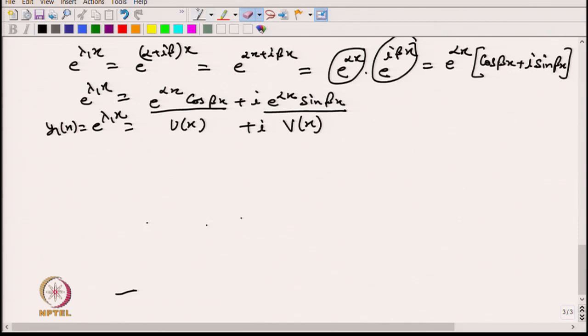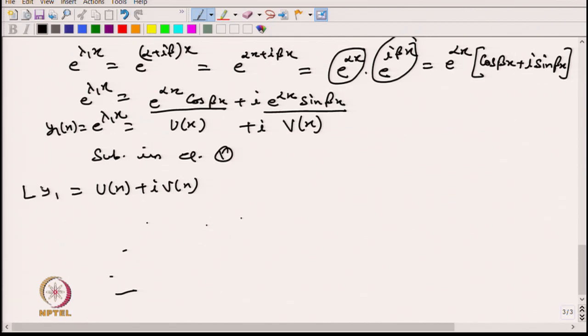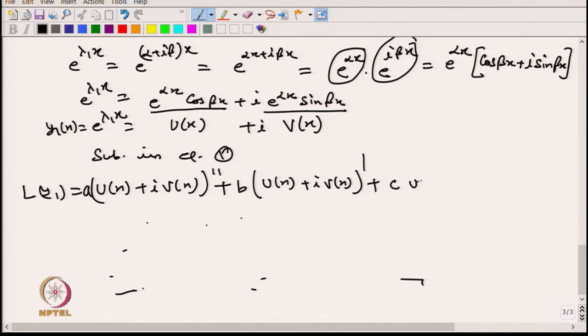Substituting in equation 1, I will get L of y1, which is a times the second derivative of u of x plus I v of x, plus b times the first derivative of u of x plus I v of x, plus c times u of x plus I v of x, and that is equal to 0, because this is the solution of the differential equation. So, it should satisfy the differential equation.